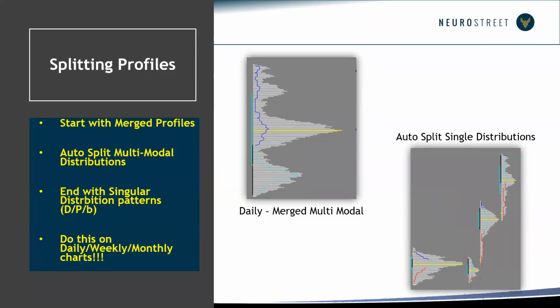Every single profile product out there, and I mean it, guys, I've researched them all. They all produce what they call merged multimodal profiles, or they just look at profiles that aren't splitting arbitrage. And the breakdown of this means that every profile on every platform or any other profile indicator out there always has several points of control, right?